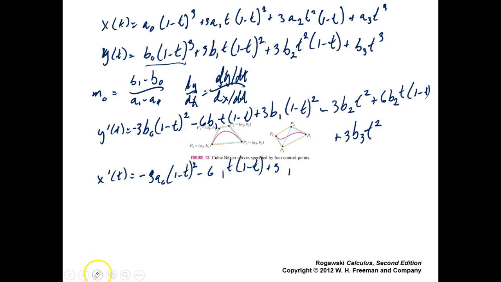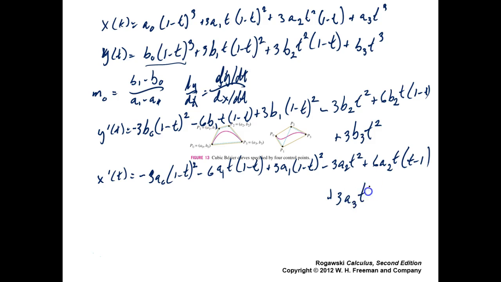All right. This is a1 here, and this is 3a1 there. 1 minus t squared minus 3a2 t squared plus 6a2 t times t minus 1 plus 3a3 t squared.